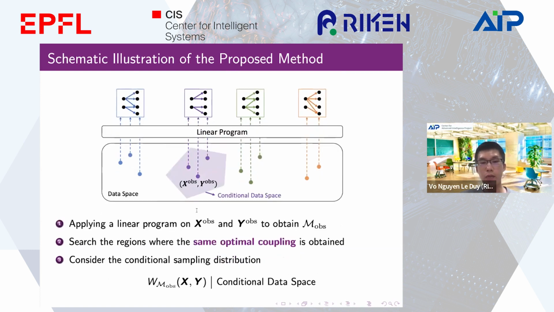And finally, by considering the sampling distribution of the Wasserstein distance conditional on this space from the second step, we can successfully identify the exact sampling distribution of the Wasserstein distance, which is subsequently used to compute the confidence interval. This is all for the proposed method.